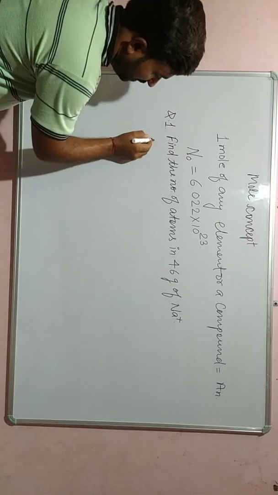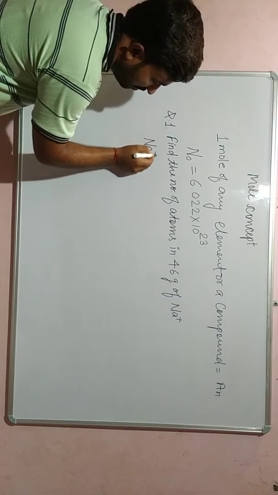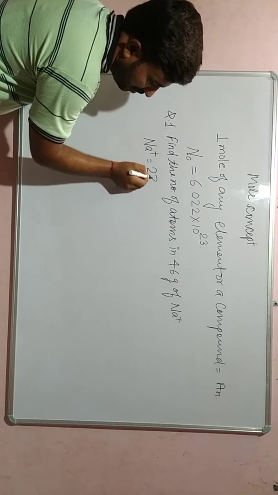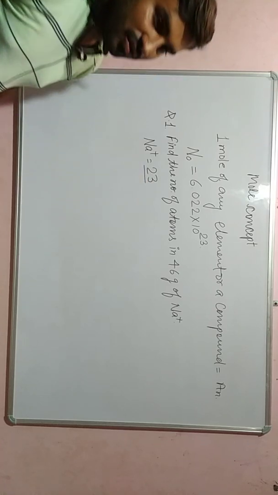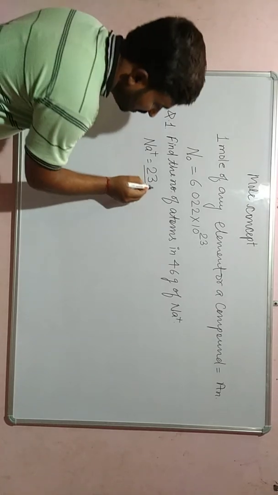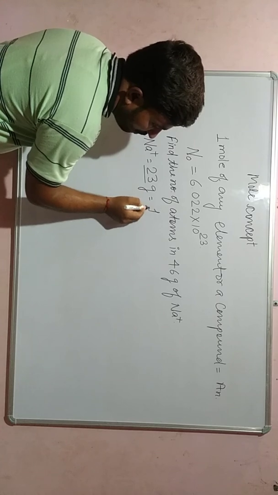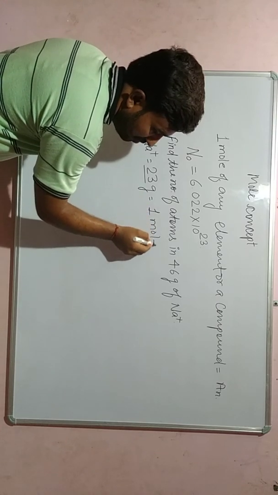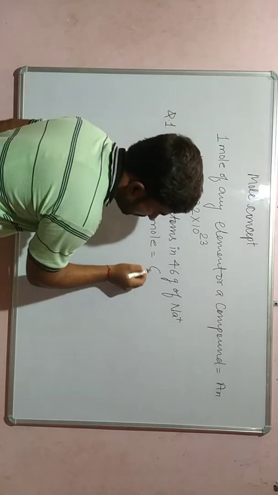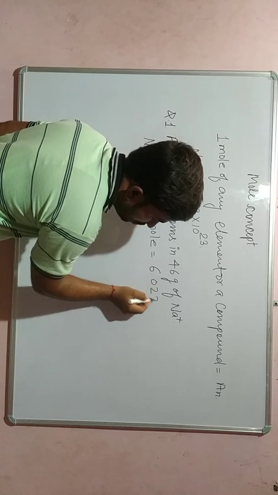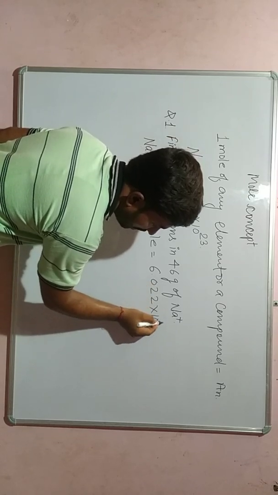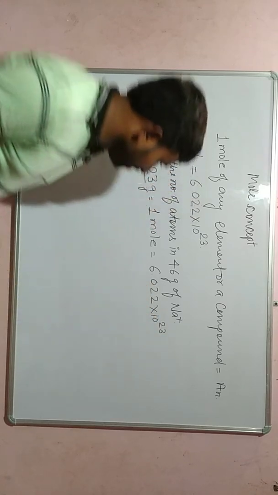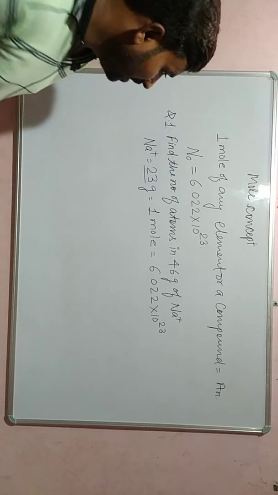We just find the molecular mass of sodium. Sodium has molecular mass 23. It means 23 gram is equal to 1 mole, and 1 mole is equal to 6.022 into 10 raised to power 23.